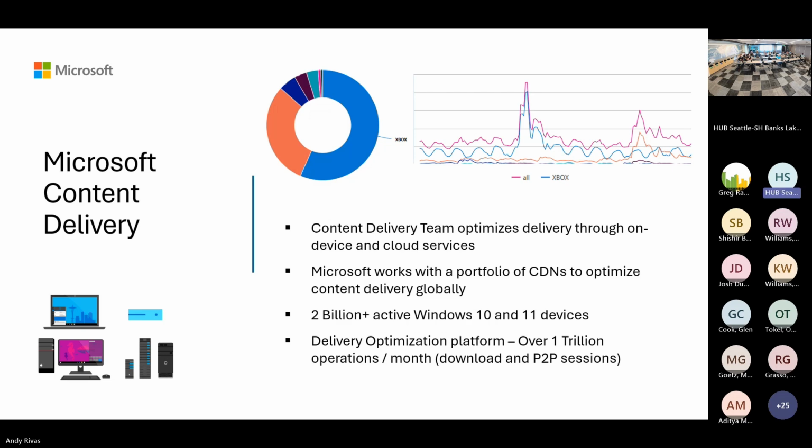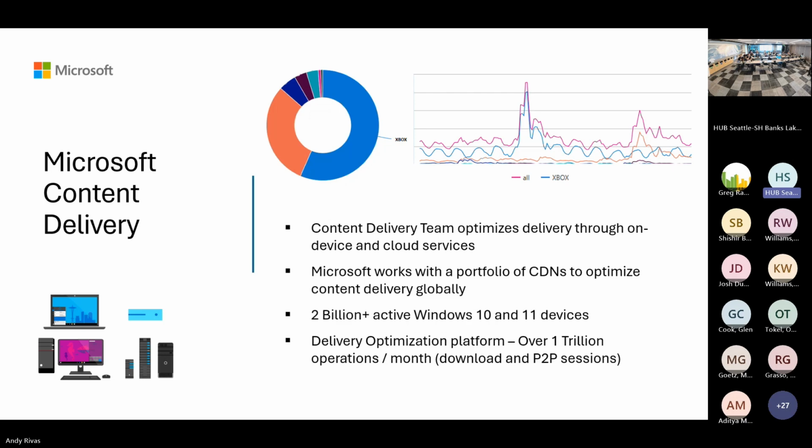I know that at MMS there's a donut pie chart little war that happens. Well, in this little donut here, I know it's kind of hard to see, but in terms of the content, the blue is Xbox, and the other 2/3 of the pie is the rest. You can see this is in the order of terabits per second.